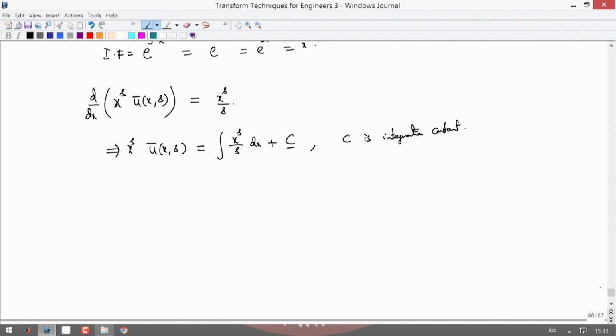Of course, because you are dealing with a partial differential equation, there is another variable, so this C can be a function of s. Okay, an arbitrary function.